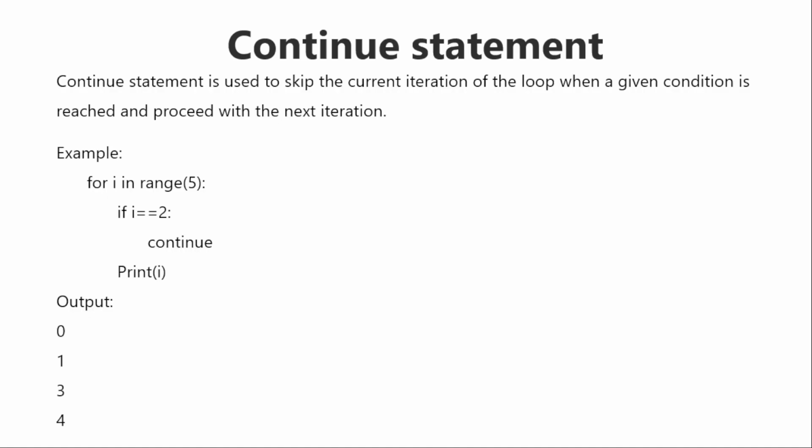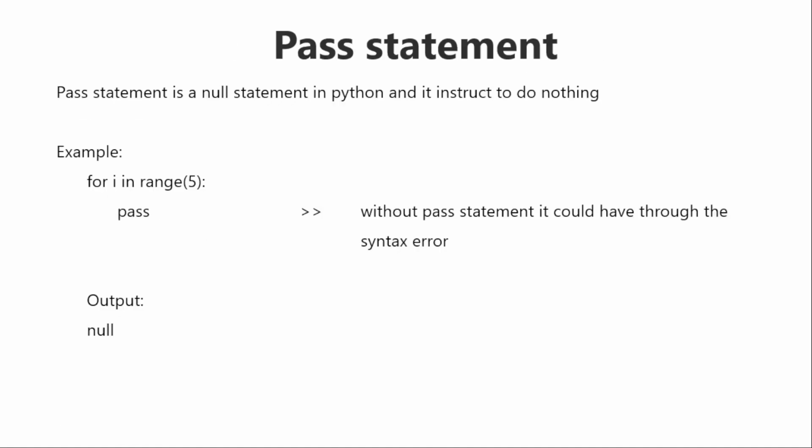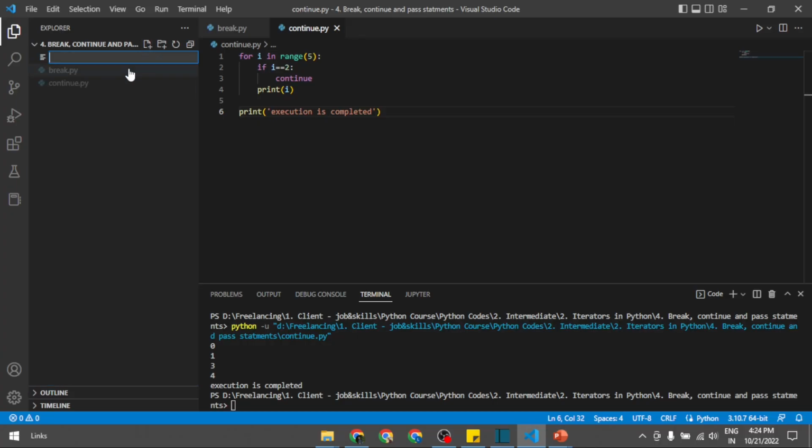Now let us move on to the third statement, which is known as the pass statement. The pass statement is a null statement in Python, and it instructs to do nothing. So for i in range of 5, if you add a pass statement, it doesn't do anything. Without the pass statement it could have thrown a syntax error. To maintain the syntax we use the pass statement. So let's execute that.